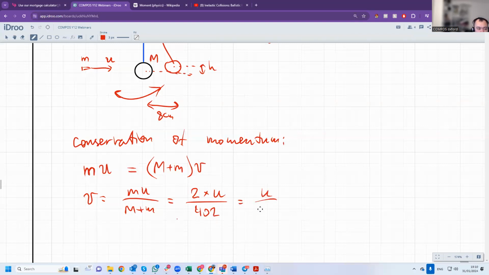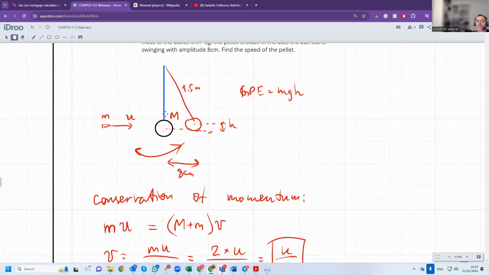So it's u divided by 201. Good. That's the velocity of the pendulum with the bullet after the collision.